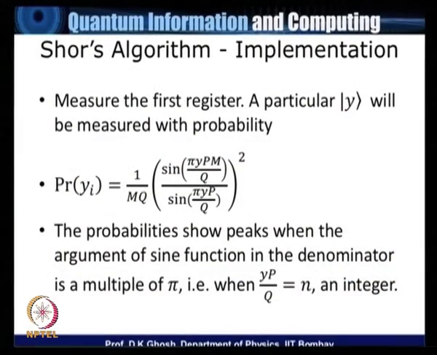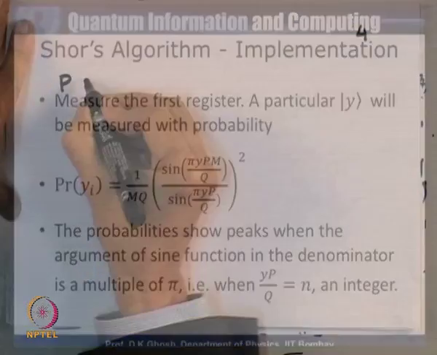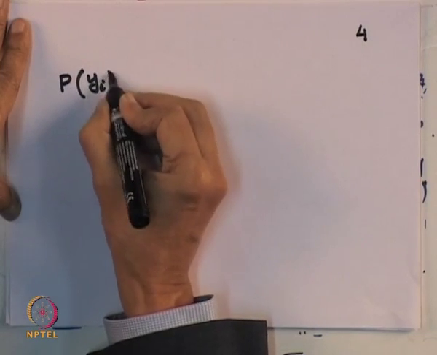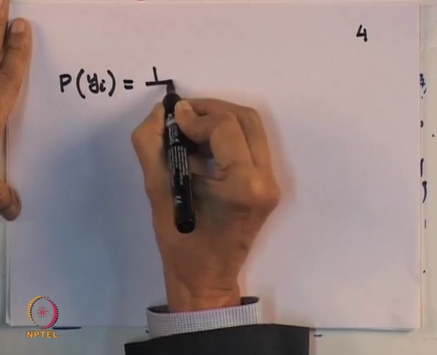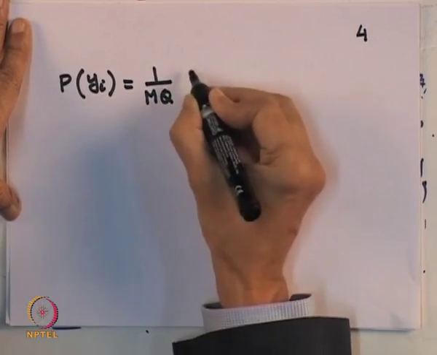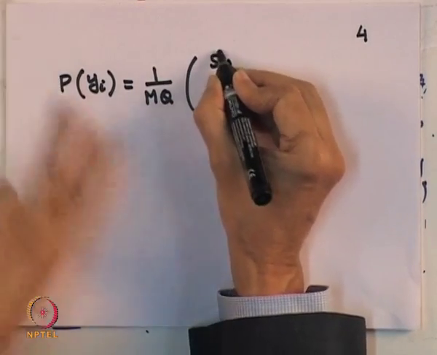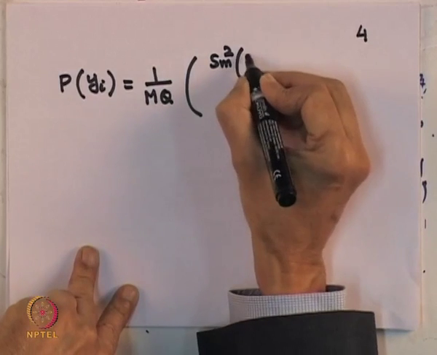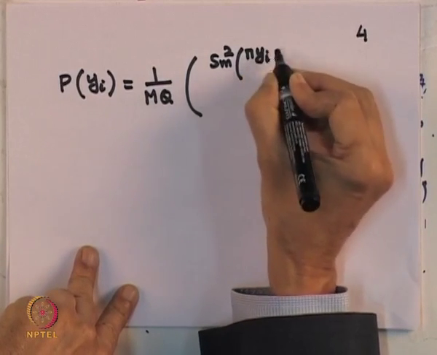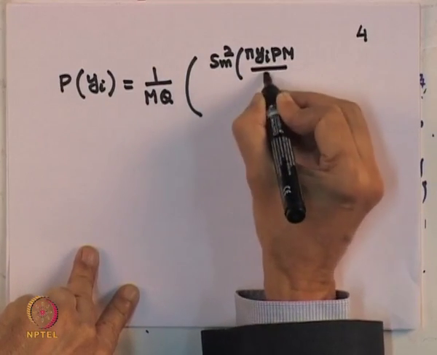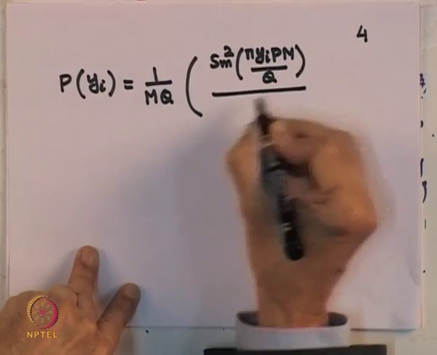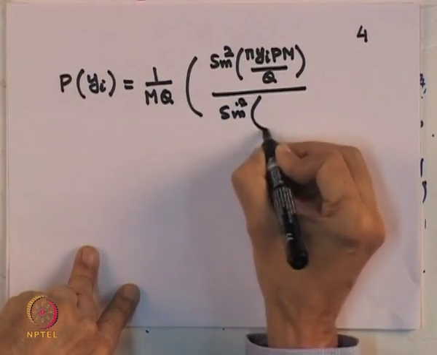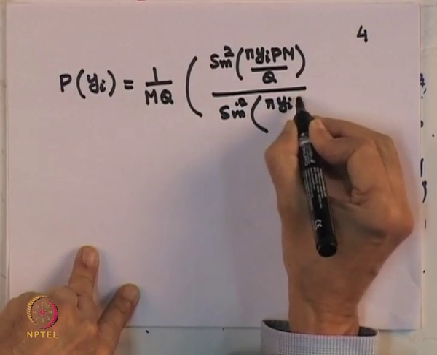So the probability of a particular y_i when we measure the first register is given by 1 over mq, sine square of pi y_i p m by q, divided by sine square of pi y_i p by q.